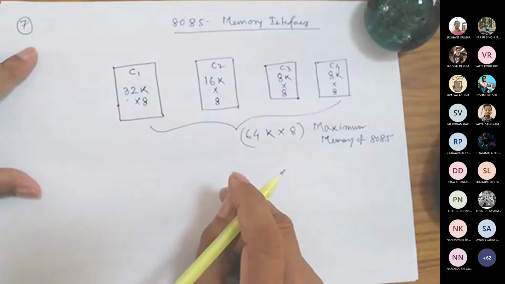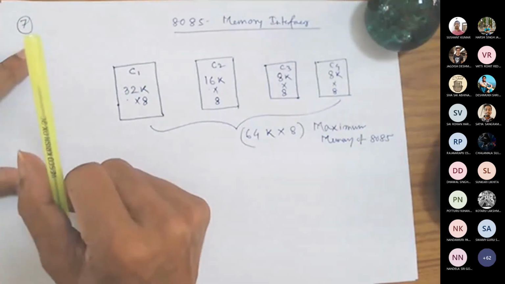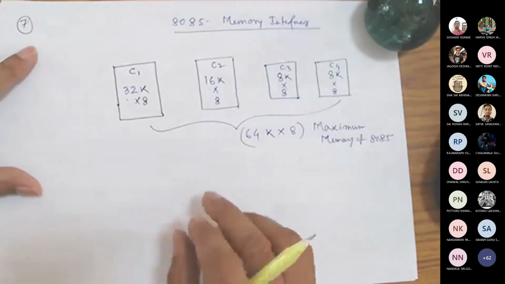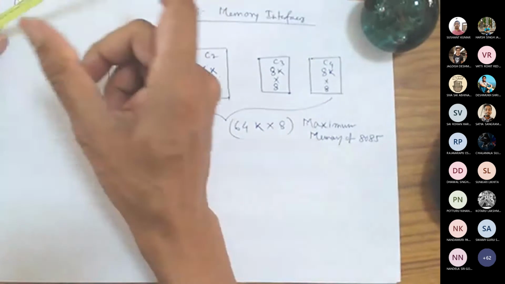If you look at the motherboards we have used in our laboratory, we don't have the entire 64K available on the board, as that may be expensive. I remember they provided only 16K on these boards. The rest of the 48K they have not provided. You can buy those chips separately and insert them, so basically it is expansion of the memory.